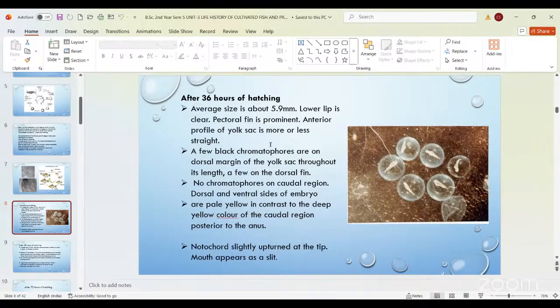No chromatophores on caudal region. Dorsal and ventral sides of embryo are pale yellow in contrast to the deep yellow color of the caudal region posterior to the anus. Notochord slightly upturned at the tip. Mouth appears as a slit.